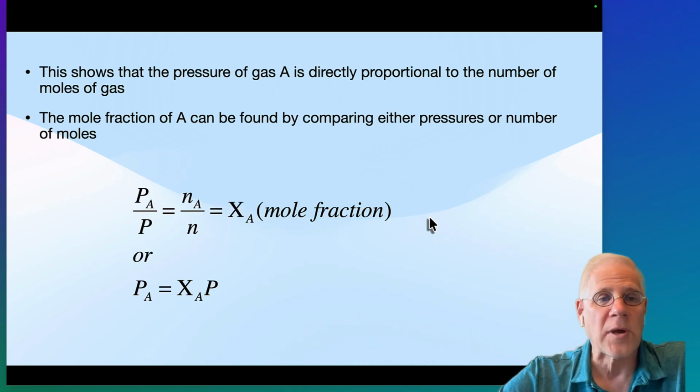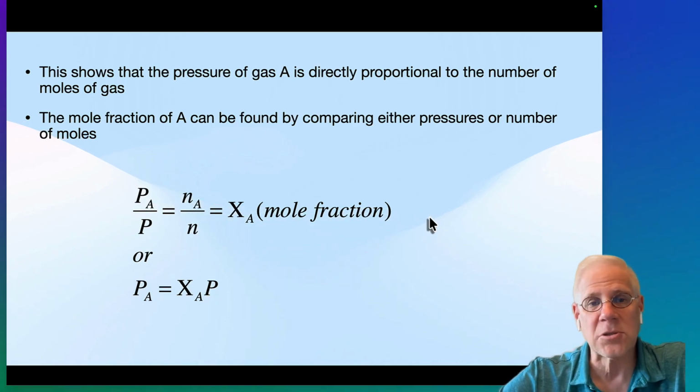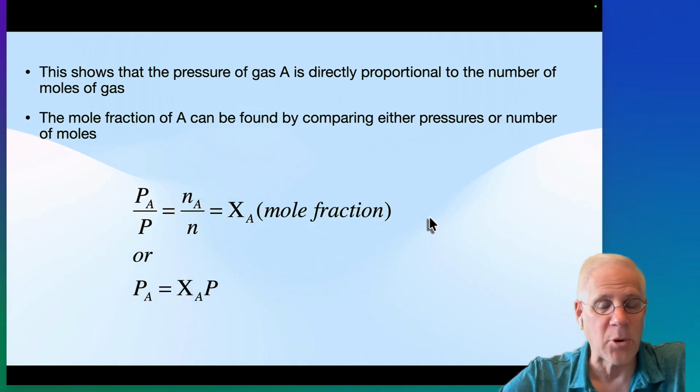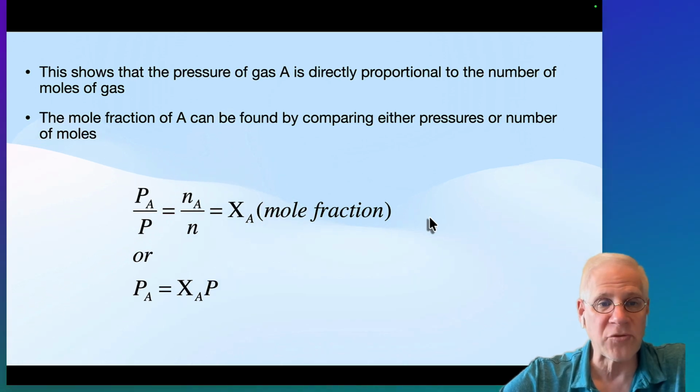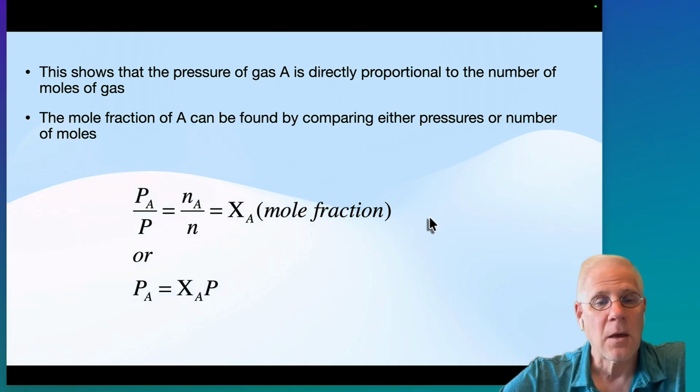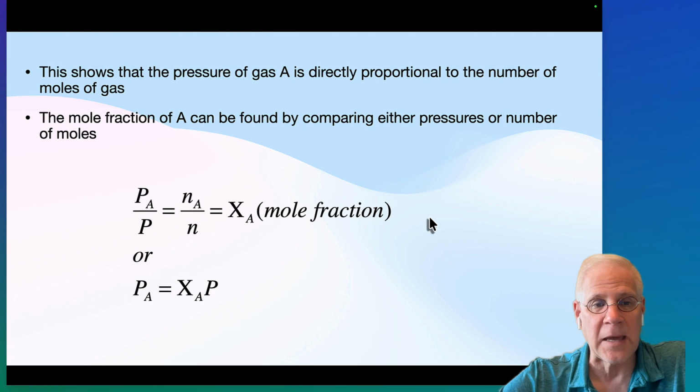The mole fraction of component A equals the partial pressure of A over the total pressure. That also equals the number of moles of A over the total number of moles of all the gases. We can express that another way: the partial pressure of A equals the mole fraction of A times P total.